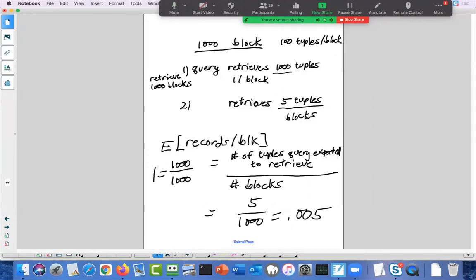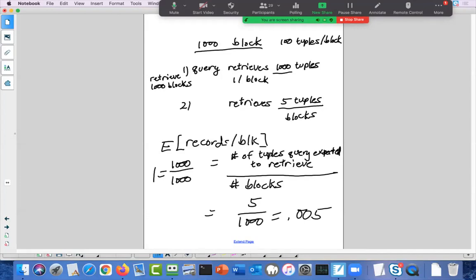Oh, okay, yeah, that's just the total number of blocks versus the records requested. Okay, gotcha. That's why I said it's very easy to look at a query and think it's not retrieving that many tuples, therefore an index would be good. But it's actually not the tuples we care about, it's the number of tuples per block we care about.